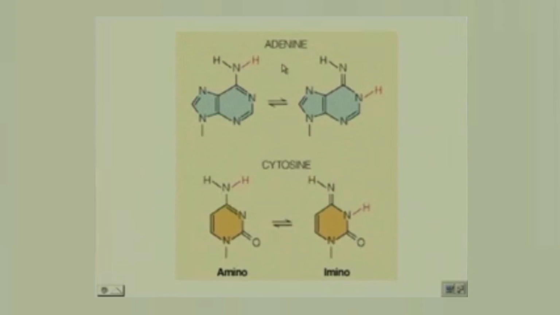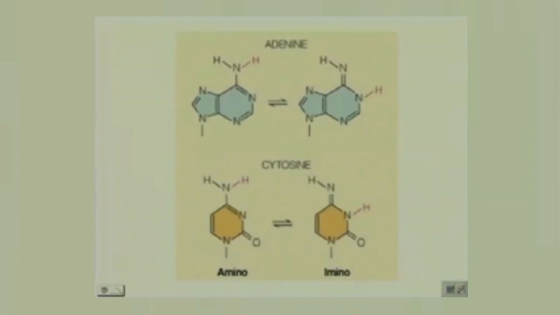Now what can happen to that NH2 group is this H can shift. You all know about keto-enol tautomerization. What happens in keto-enol tautomerization? You have a C double bond O, and that is converted to an OH from an adjacent CH2. Right?